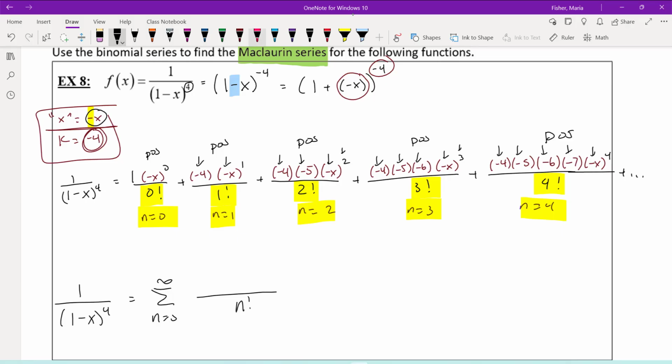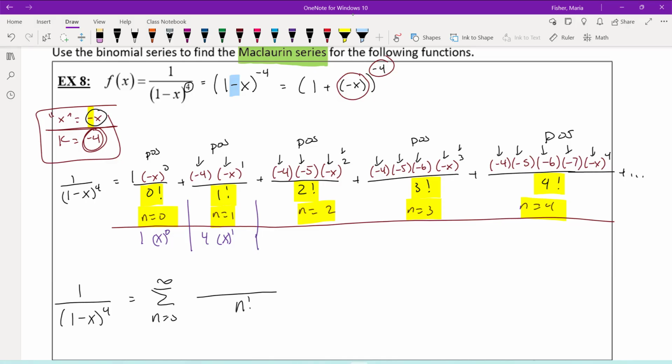Now that we've dealt with the positives and negatives, so that alternating piece, if I were to rewrite what we have here, and I'm going to write it underneath, closer to where I have our numbers that we're plugging in. This is just a 1 and then an x to the 0, and this is a 4 and an x to the first, and a 4 times 5 and an x squared, and a 4 times 5 times 6 and an x cubed, 4 times 5 times 6 times 7 and an x to the fourth.